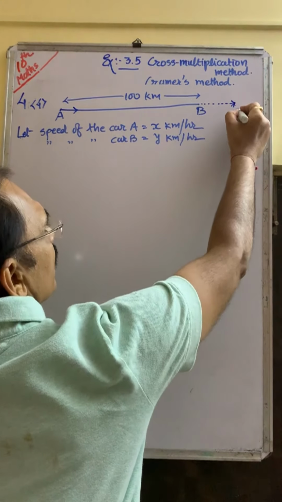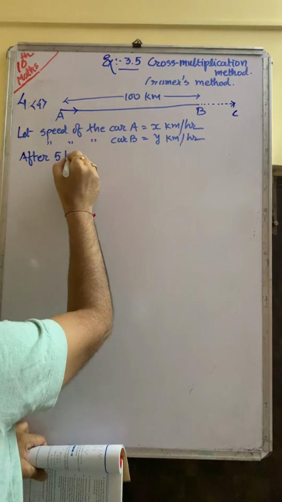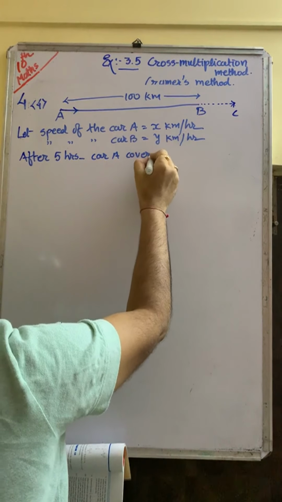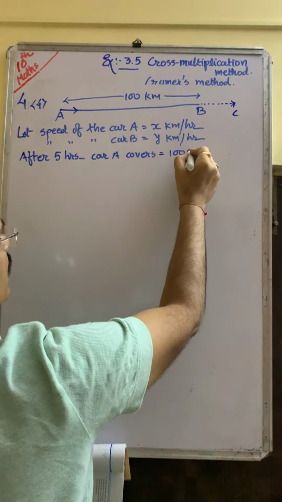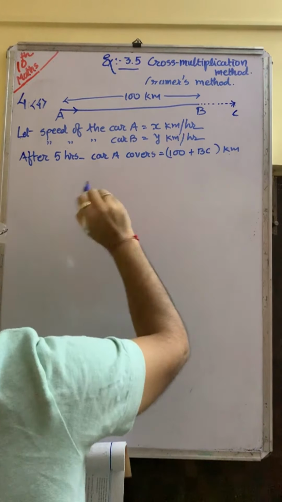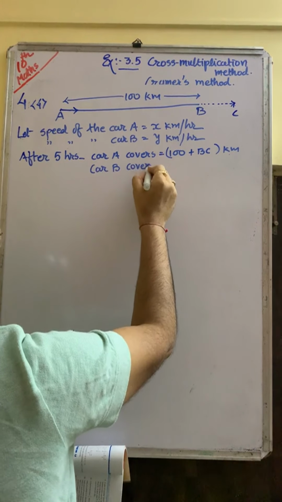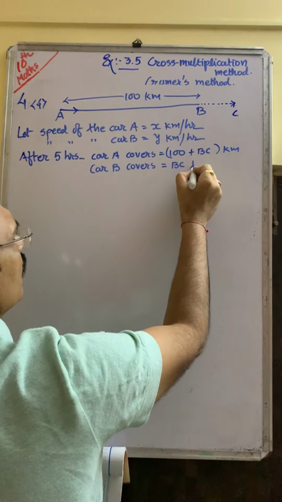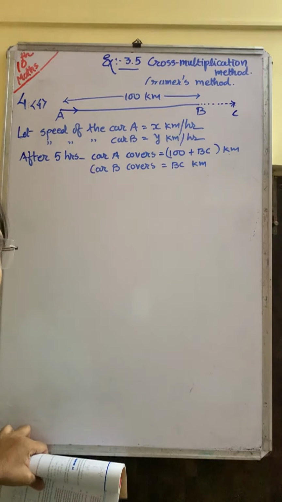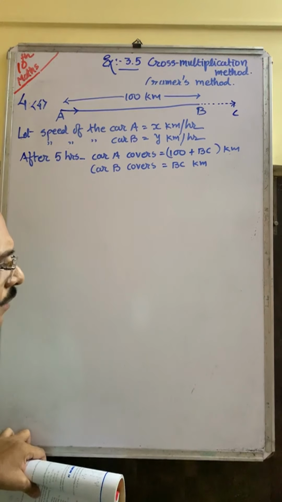So after 5 hours, car A covers 100 km plus BC, this much kilometer. And after 5 hours, car B covers only BC kilometer. And after that they will meet at point C. Okay, after 5 hours.